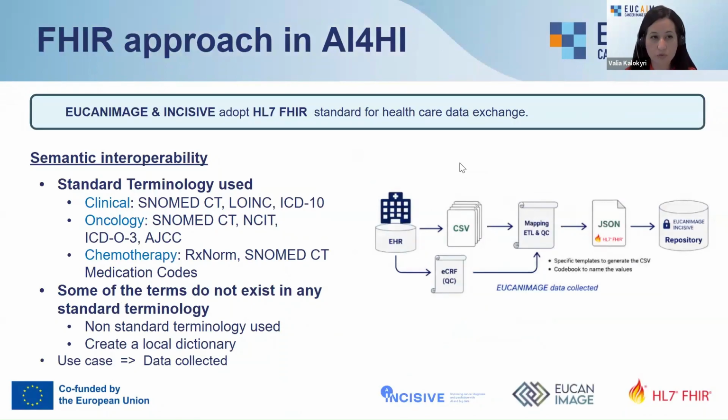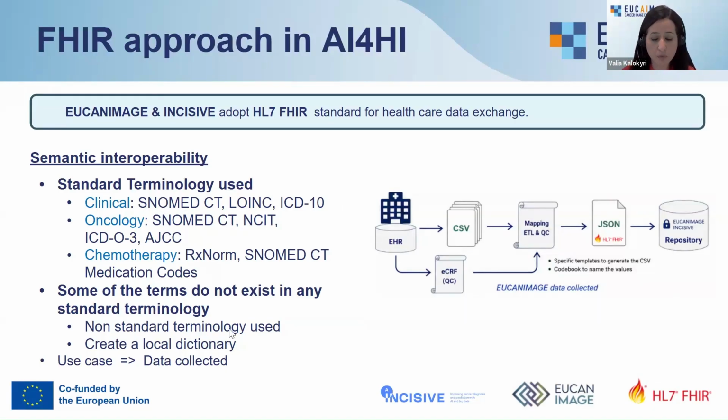Now, if we go to the FHIR implementations, we have EUCAIM Image and Incisive that were both adopting HL7 FHIR for representing their information. Here, regarding the terminologies that were used, you can see that for clinical, for oncology, for therapies, there were various terminologies that were used, either individually per project or even within the same project, many different terminologies.